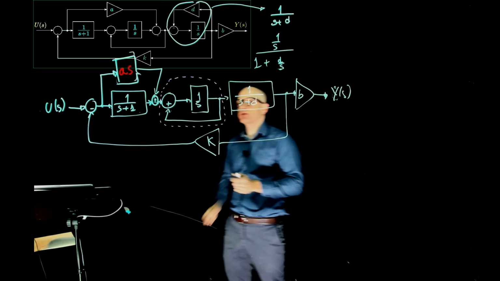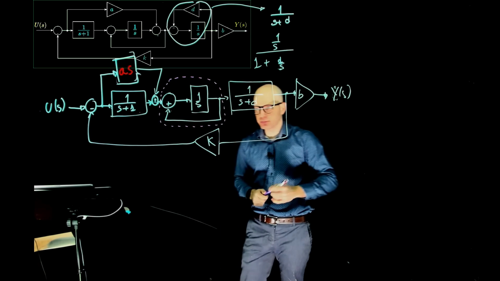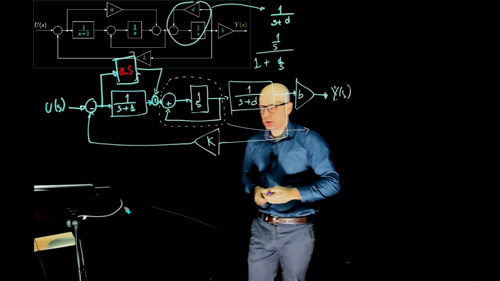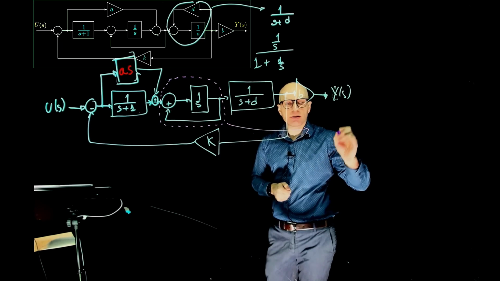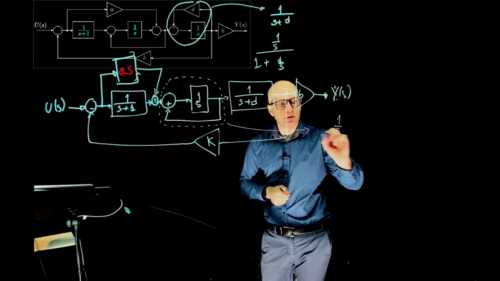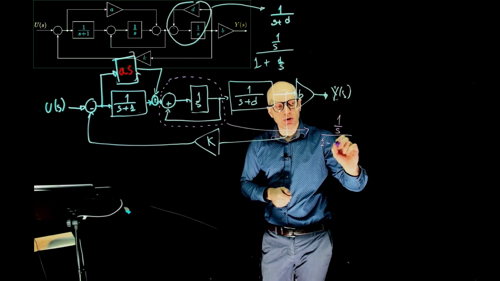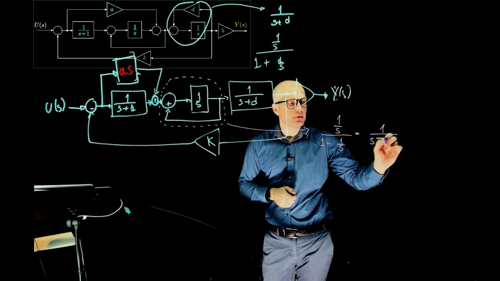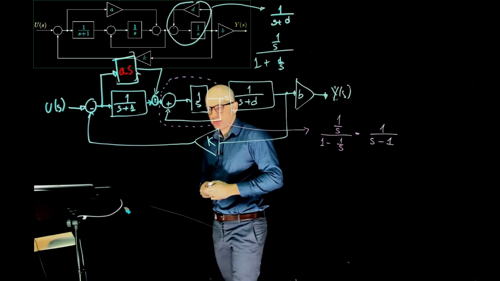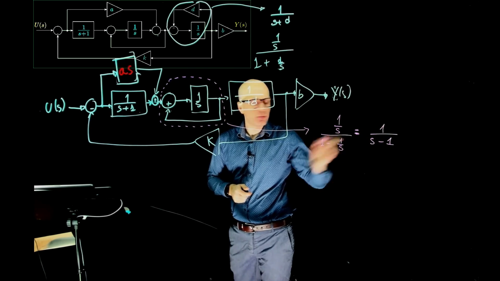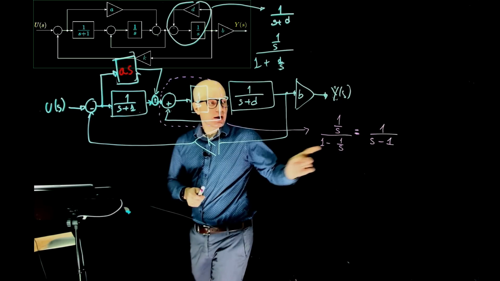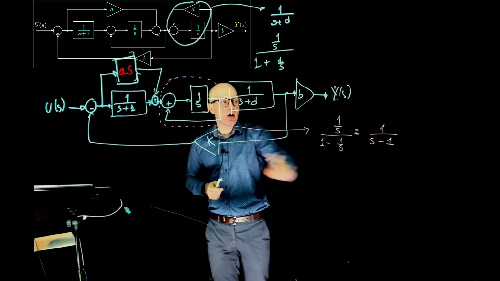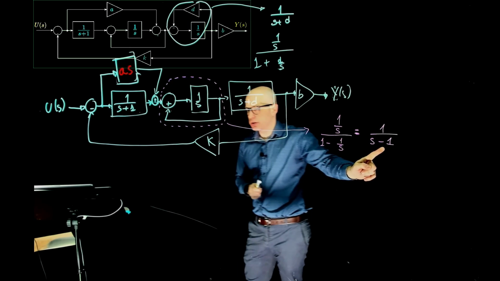What is the result here for this feedback loop? It is 1 over s divided by 1 minus 1 over s, which is 1 over s minus 1. But negative because this is a positive loop. So this becomes 1 over s minus 1.